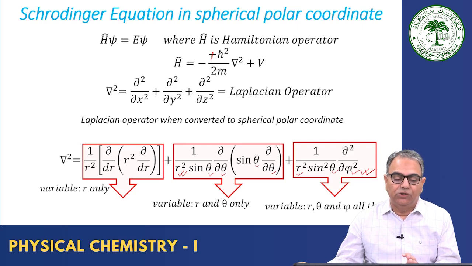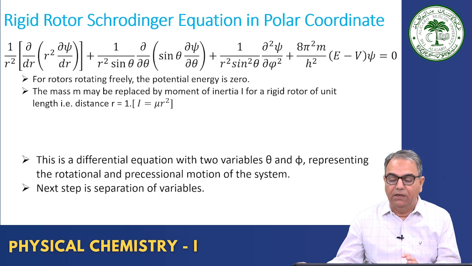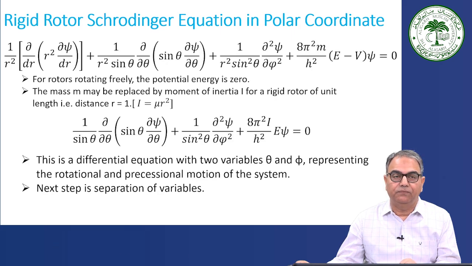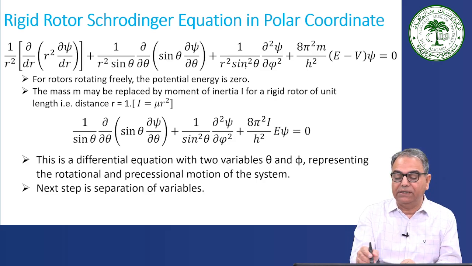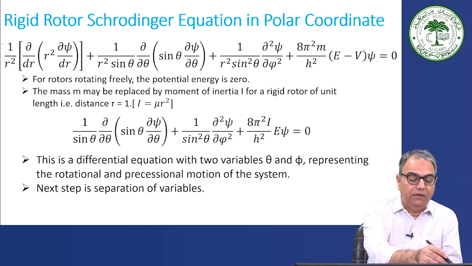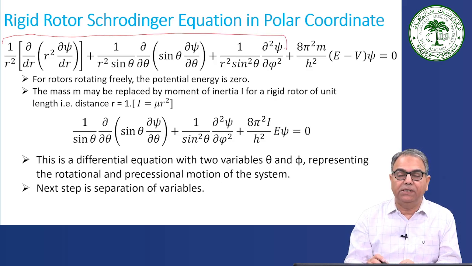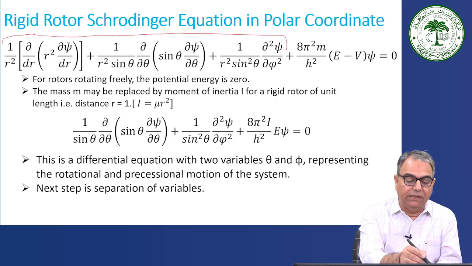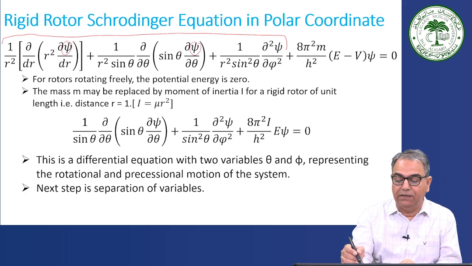Using this Laplacian, you can write the Schrodinger wave equation, which has a form like this one, 1 by r squared. This is the whole Laplacian. From this end up to this, you have the Laplacian operator. The only addition from the previous equation is psi.